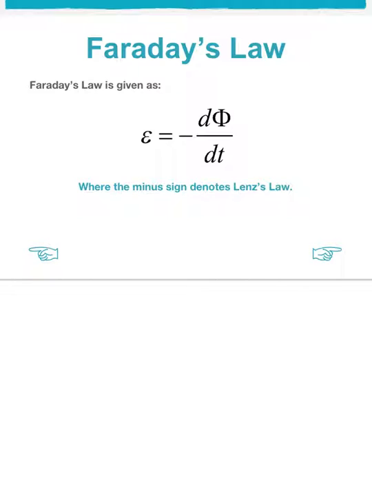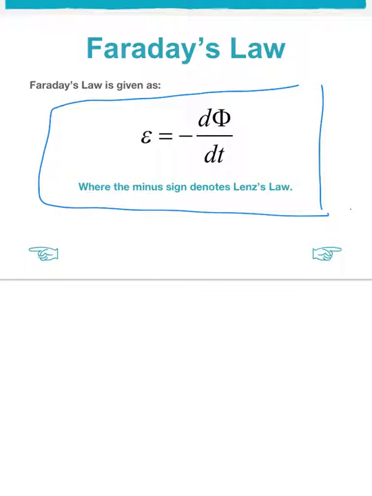We can now look at the full Faraday's law definition, which is that the EMF is equal to the rate of change of flux including a minus sign to denote Lenz's law. So, well, hey, we've done it. We've reached the end of our two very, very important points within this topic, Faraday's law and Lenz's law.